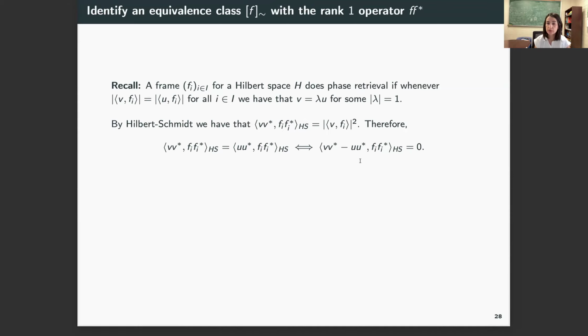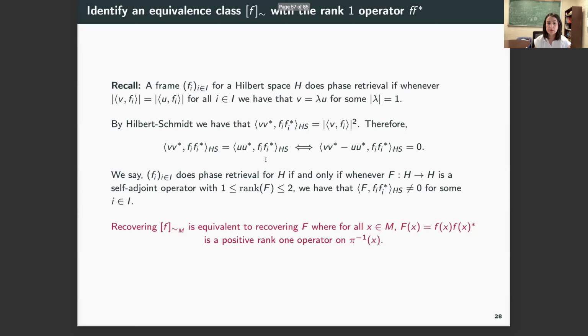And if I do some little calculation here, this shows me that I can say I do phase retrieval if and only if, for any self-adjoint operator F from H to H with rank of F between 1 and 2, the inner product of F with f_i f_i star is non-zero for some i.